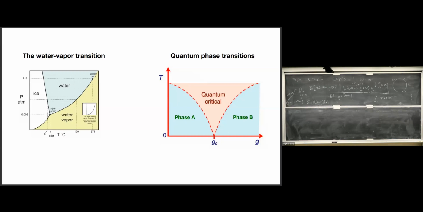And then what happens for many different materials is that at some critical point of the external magnetic field, or the tuning parameter, the system is at a phase transition. Now, it is a second order zero temperature phase transition that is driven by quantum fluctuations. And what happens is that, in fact, there is an entire region in the phase diagram that is characterized by quantum criticality in which the system possesses scale invariance.